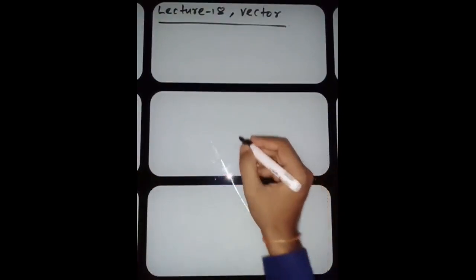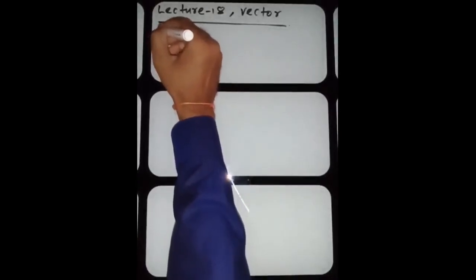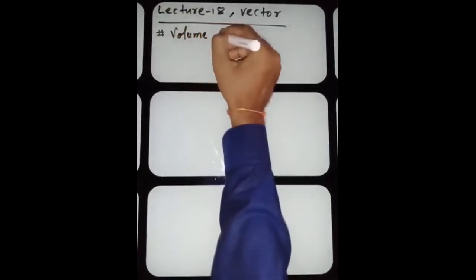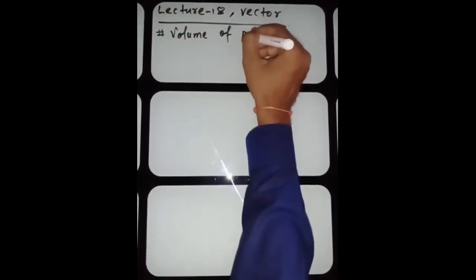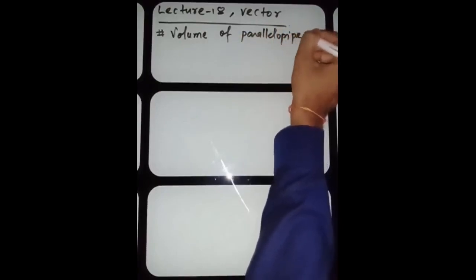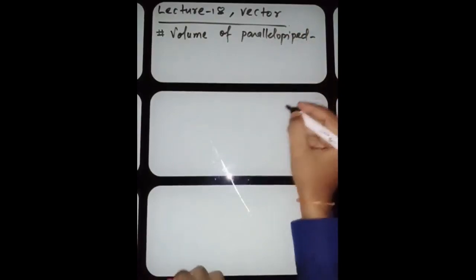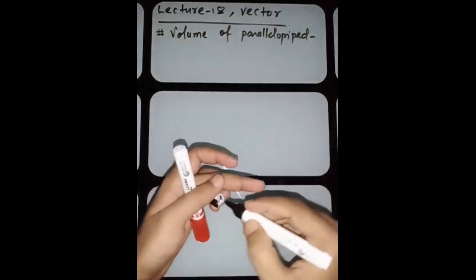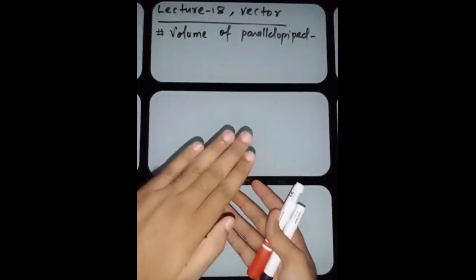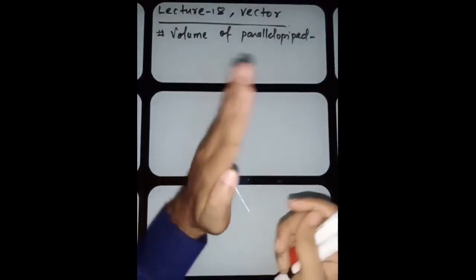Okay, here now the next application, it is the volume of a parallelepiped. What is the shape of the parallelepiped, my dear students? Here, cuboid. If you have a rubber cube or cuboid and you press it to one side, then you will see it is tilted.